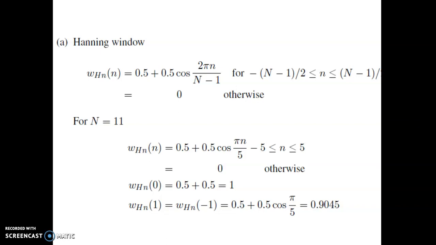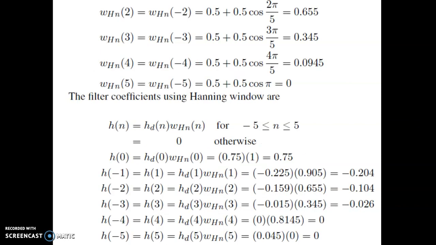So you find wH(n) for n equal to 0, wH(n) for 1 and -1 which comes out to be 0.9045, wH(n) for 2 and -2 to be 0.655, wH(n) for 3 and -3 to be 0.345, wH(n) for 4 and -4 to be 0.0945, and wH(n) for 5 and -5 to be 0.